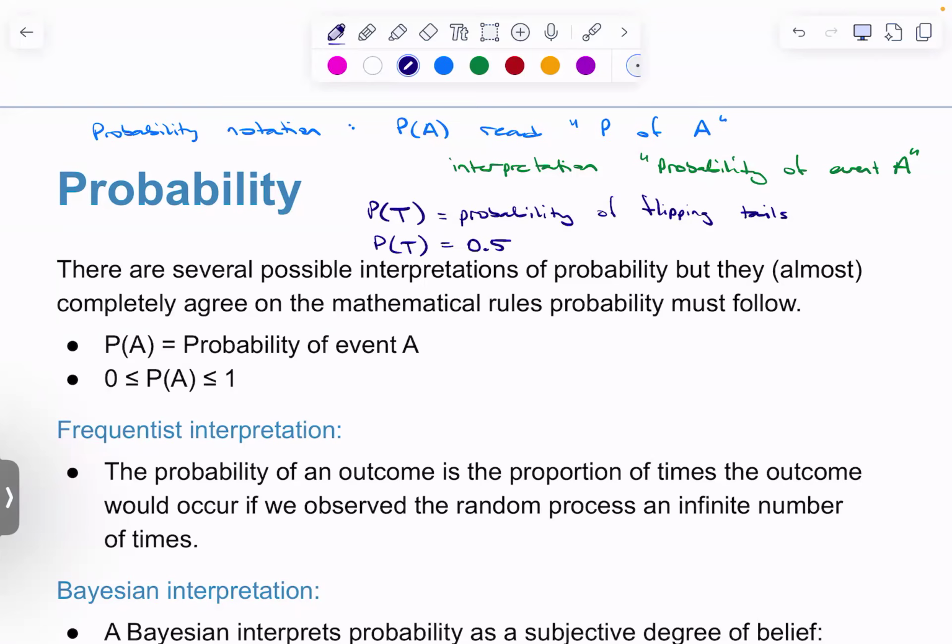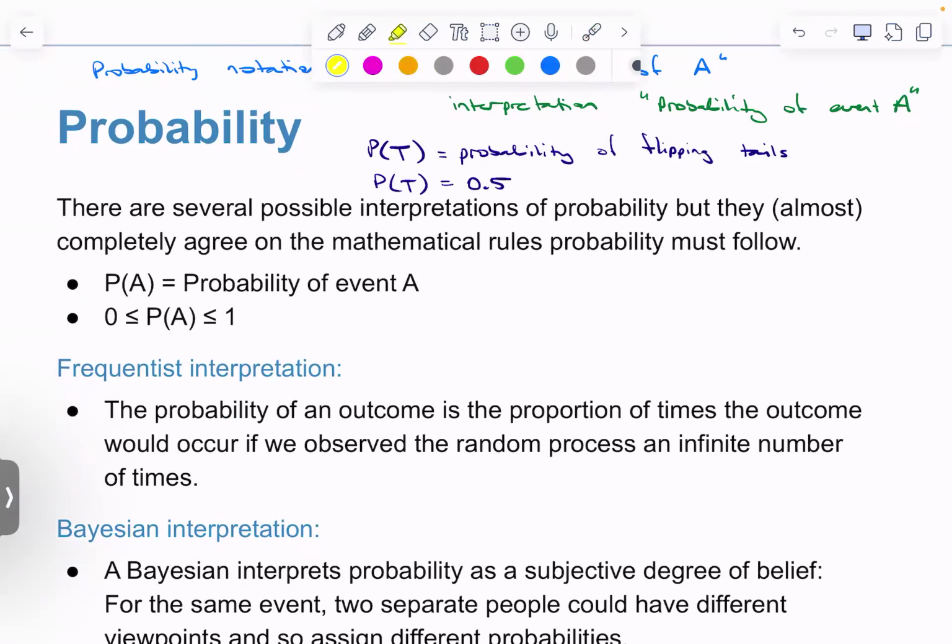So one out of those two outcomes has to happen. P of A is just a general notation that we use to denote any probability, the probability of event A, anything. And for these events, we tend to use A, B, C, the beginning of the alphabet usually, if they're generic.